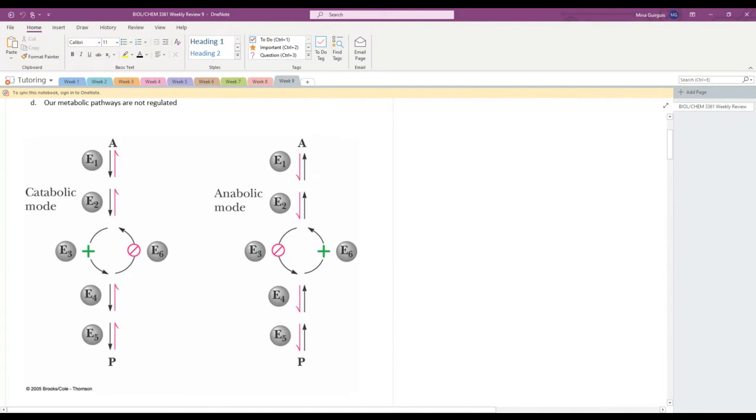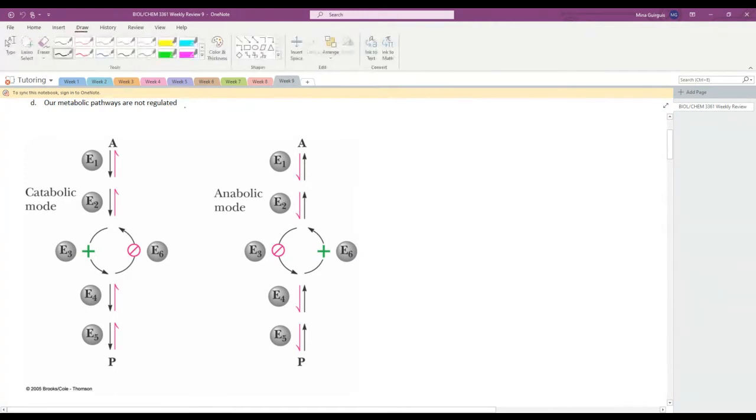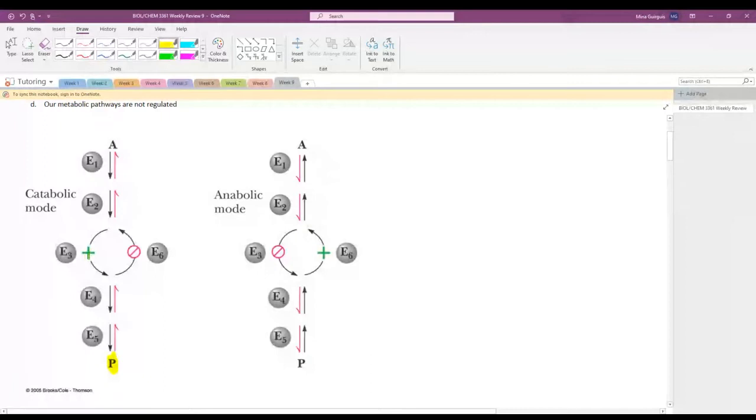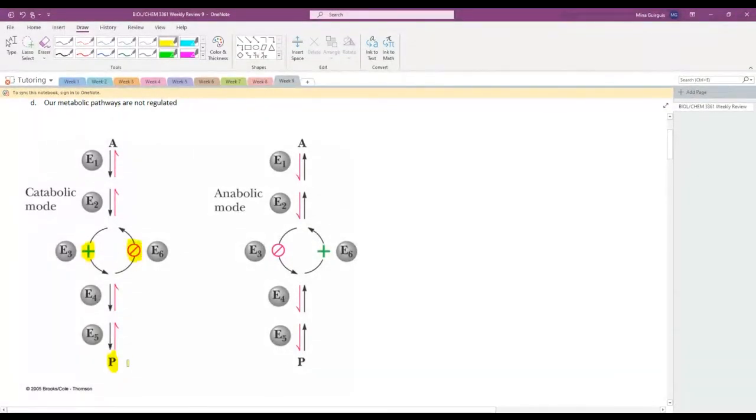And so, because of that, if I want, for example, to form my product, if that's my goal, then I have to turn E3 on and E6 off, okay? Then let equilibrium, let whatever spontaneous reactions I have do the rest and push that reaction forward.